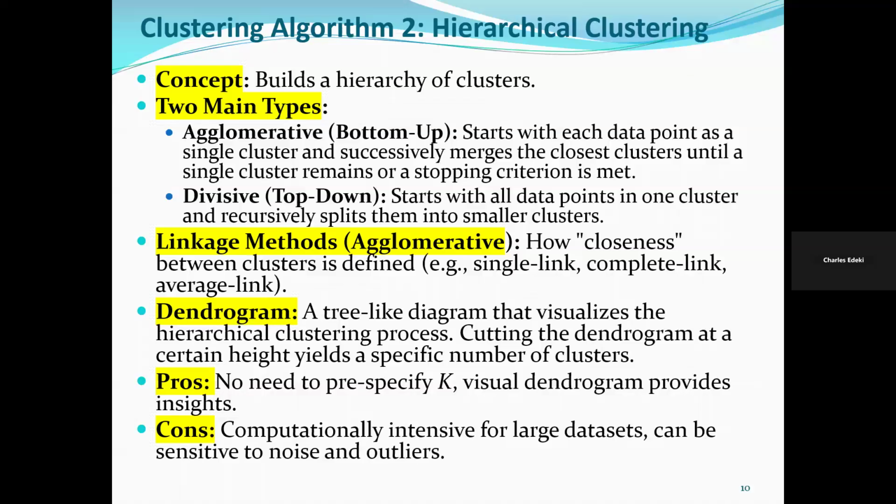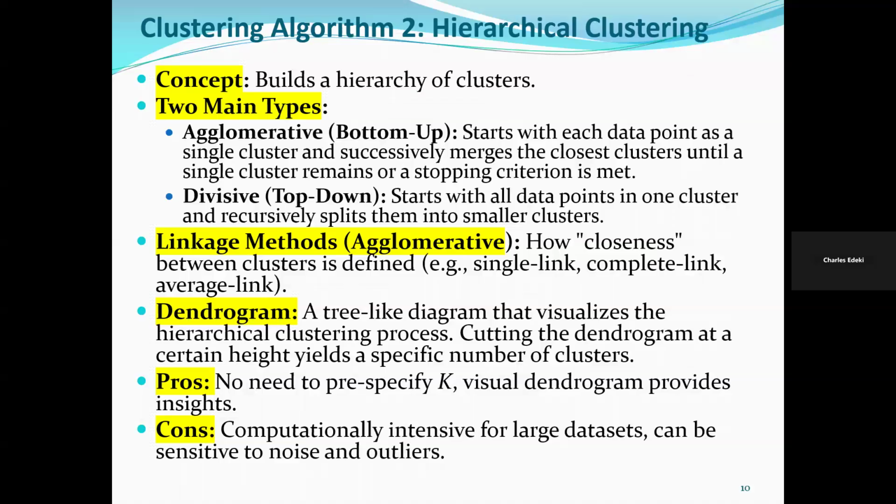If they are close, the distance is small. But complete is called MAX because the distance is between two data points that are far away from each other.